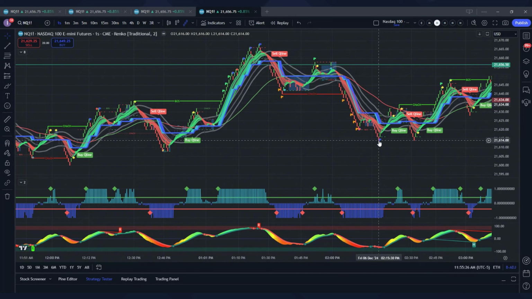My math isn't that good, so let me just do the math real quickly. 614. So about a 42-point move. This move starting here, and it took from about 134 to about 215.